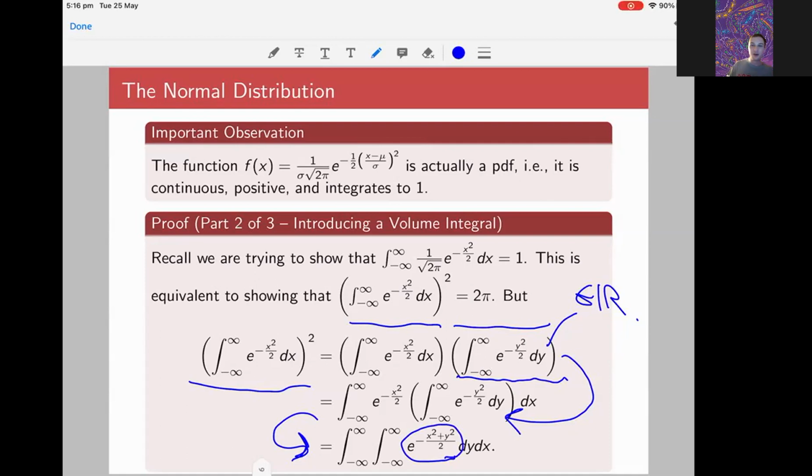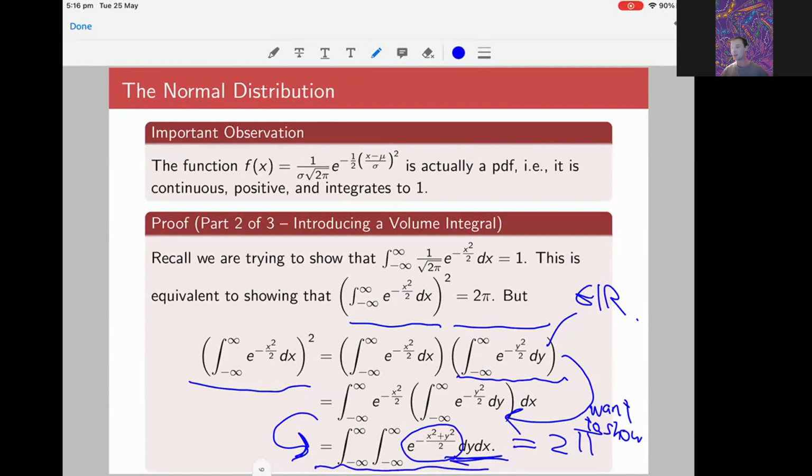Okay, so we've converted the problem into showing that this particular double integral here evaluates to 2 pi. So we want to show that this integral is equal to 2 pi. Okay, how do we do that? Well, you may suggest that this integral here is actually even harder than the one we started off with.